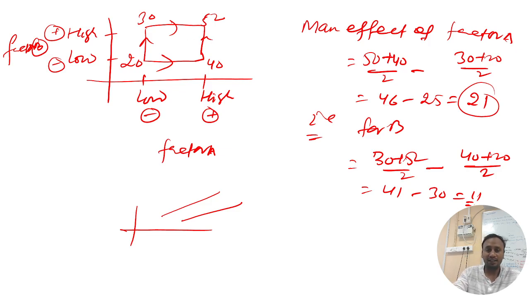Sometimes we will not have the same pattern. Here the pattern is similar: 20 to 30, 30 to 52, 20 to 50, that is the 40. We have the same patterns. But in some experiments, let's say we have one example. It's called low, it's called high, again low, high.